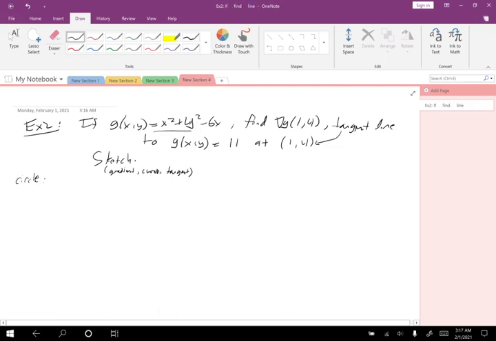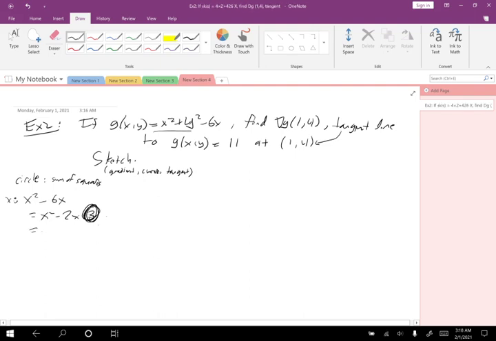So to do that, what you're going to do is collect all the x's, and write it as a sum of squares. So you need a sum of squares. So x squared minus 6x, this is x squared minus 2x times 3. So that 3, that's the critical piece.